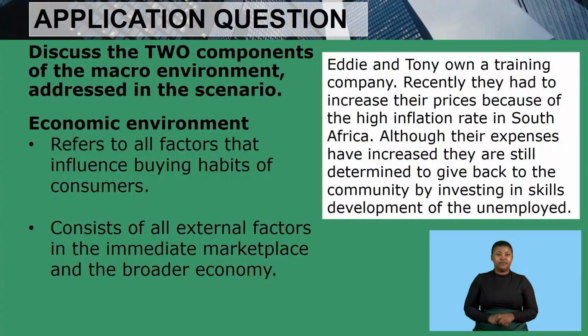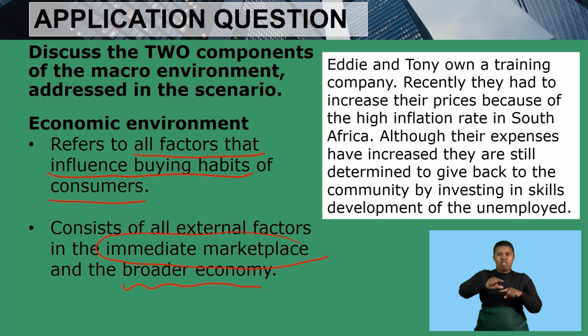This is kind of a higher order question, a bit of a more difficult question. So the answer will be economic environment, and we will continue by discussing this environment. So we will say that it refers to all the factors that influence buying habits of consumers, and it consists of external factors in the immediate marketplace and, of course, our broader economy. So that is then our first discussion, or rather the discussion of our first component.